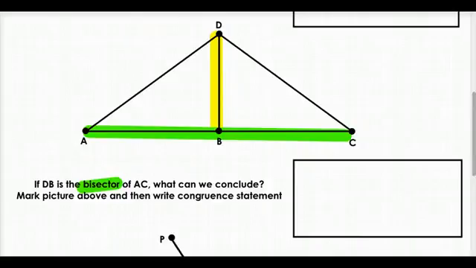So what we know is that DB bisects or cuts in half AC. So we know AB is congruent to BC, right? DB cut in half, those are 2 equal to each other. So to write our congruent statement, let's get out of this mode. Oh, nope, I want to go to pen. We know that AB is congruent to BC.